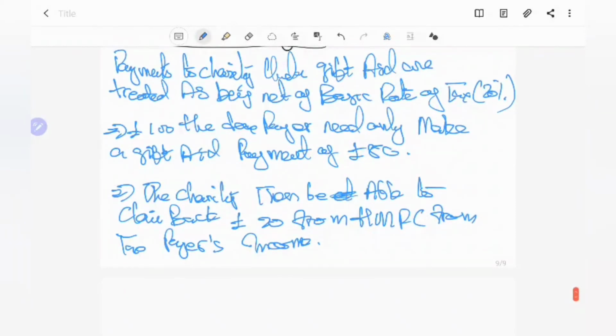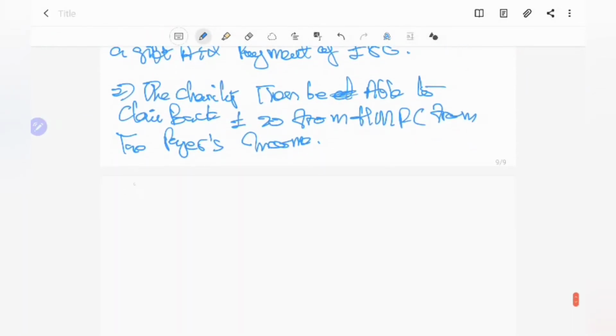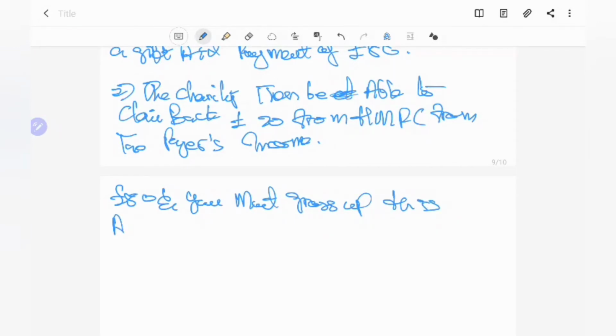Therefore, the donation is not shown as a deduction in the calculation of taxable income, right? And the question may tell you what is the amount paid by the taxpayer, for example £80, and you must gross up this amount, 80 multiplied by 100 divided by 80, to compute the gross figure.